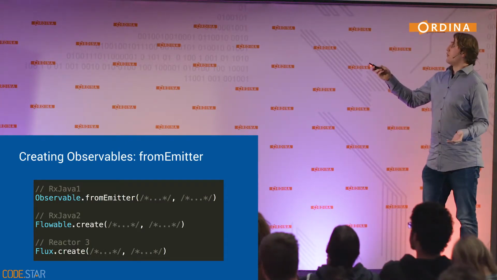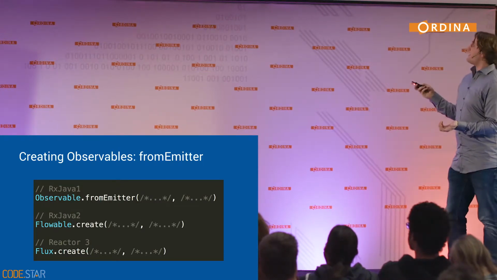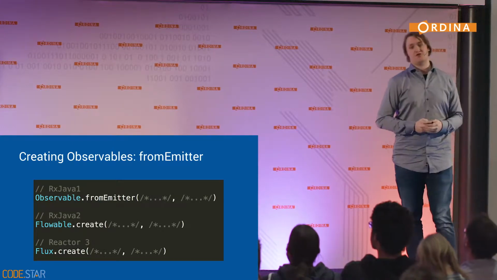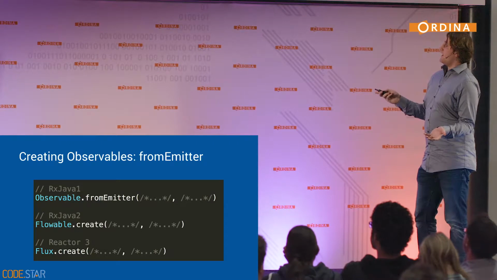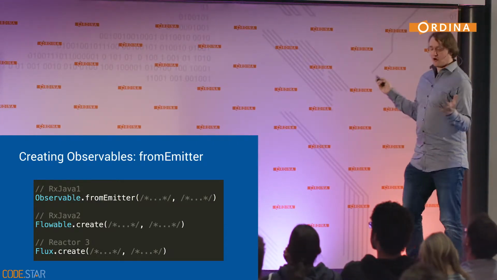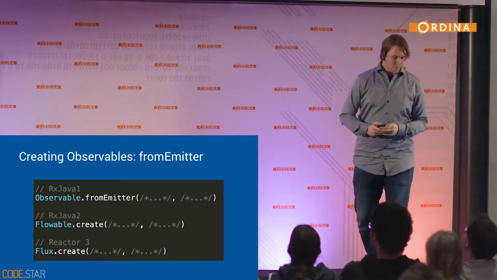You can set up your callbacks there, and whenever you get data through that callback, you can call the next event manually on your subscriber. You can also ask the emitter to call some code of your own whenever your subscriber cancels.